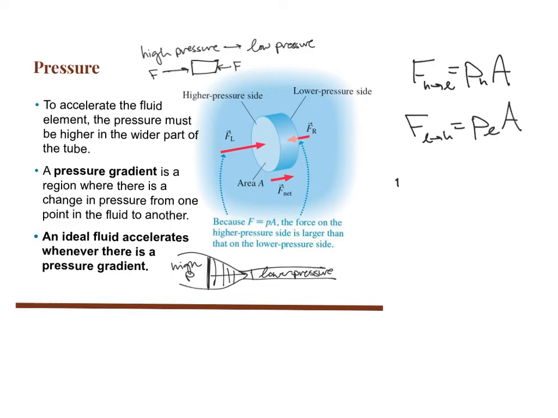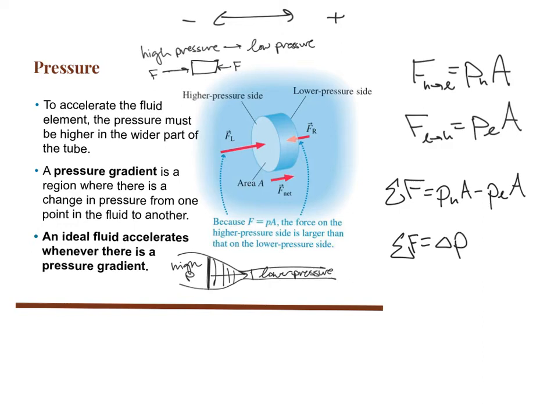So your net force is going to be, if we're saying to the right here is positive and to the left is negative, the high pressure times the area minus the low pressure times the area. So force equals, sorry, forgot the F there. The sum of forces equals delta P, the change in pressure, times the area.